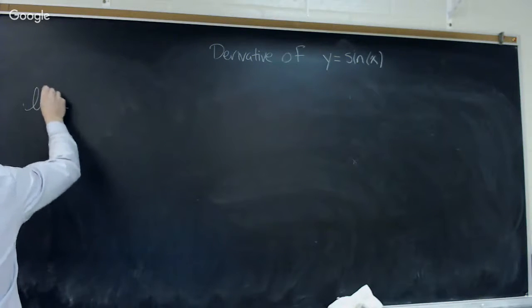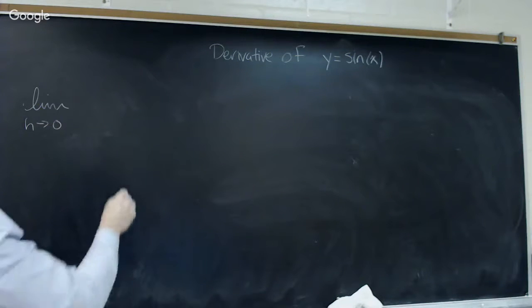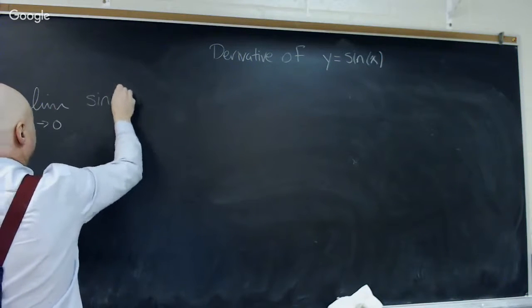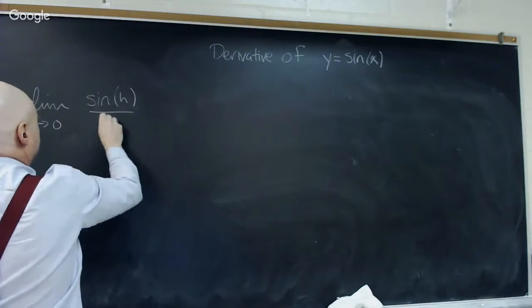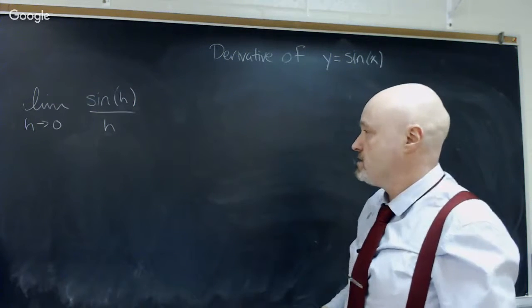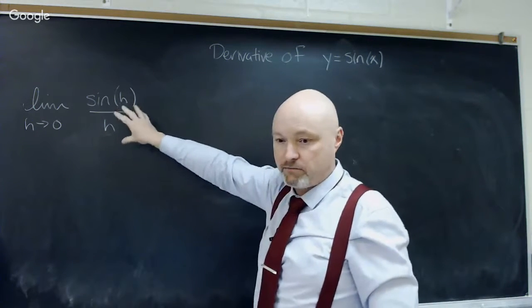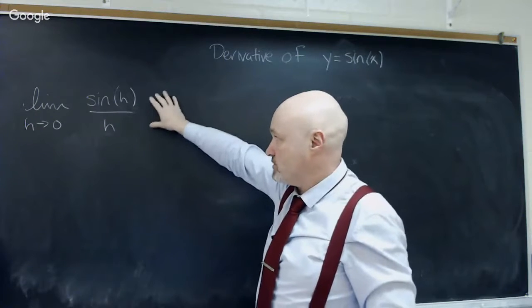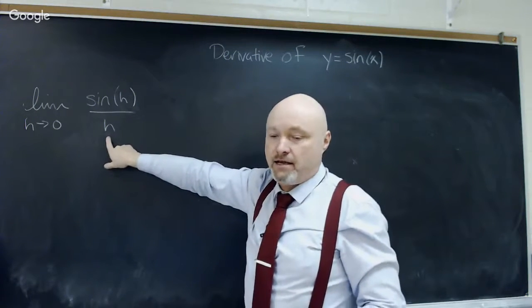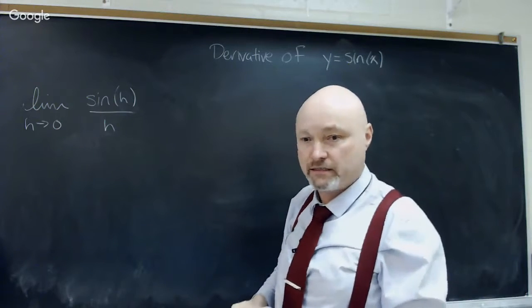First of all, the limit as h approaches 0 of the sine of h divided by h. Okay, and so you usually get people putting in smaller and smaller values of h into this expression. We can't actually make h equal to 0 because the expression explodes and disappears on us.